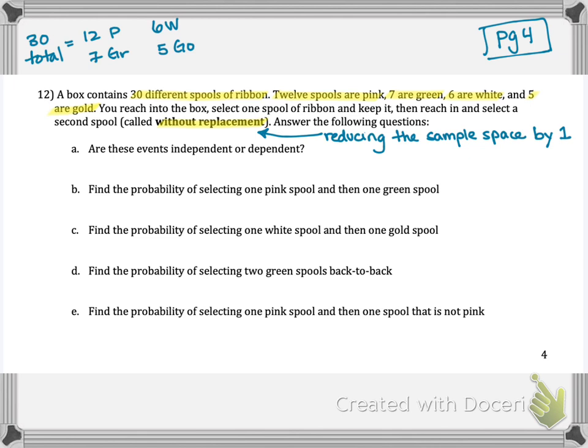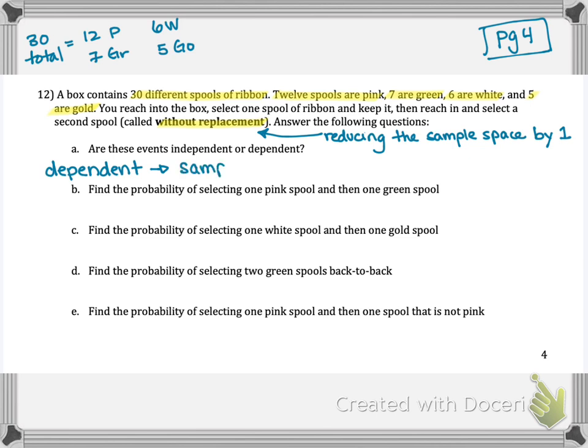So let's take a look at the very first question. Are these events independent or dependent? So in example 11, we said the events were independent because the sample space was never changing. But now we are in a world where our sample space is changing. So these events are dependent.